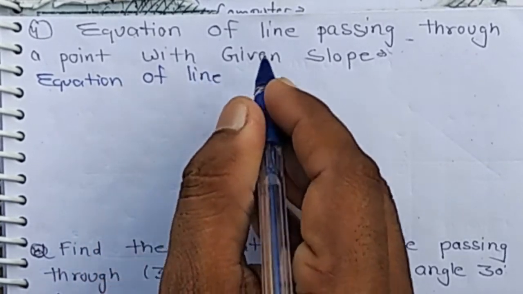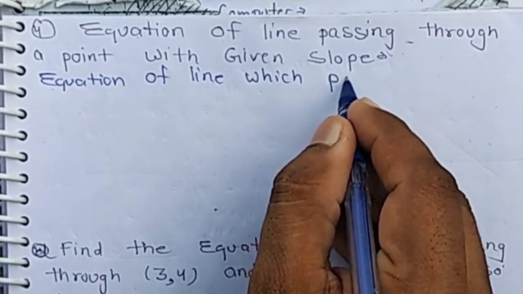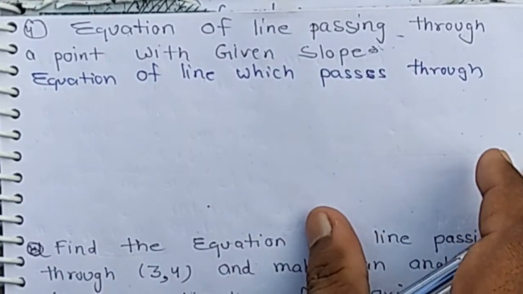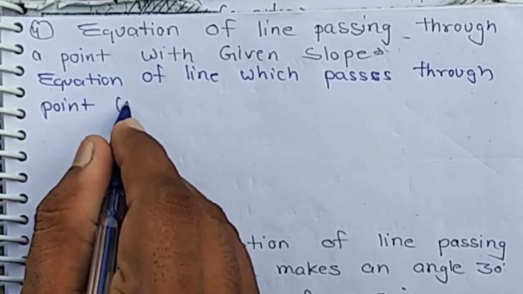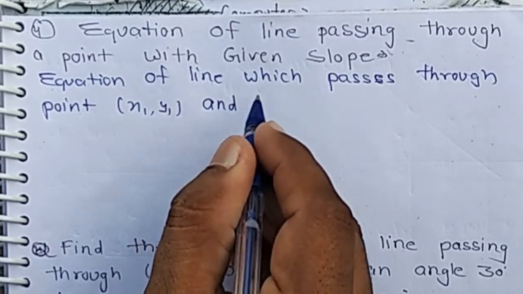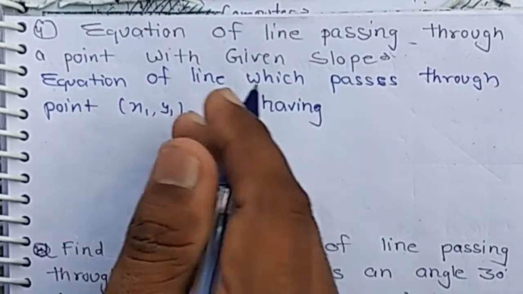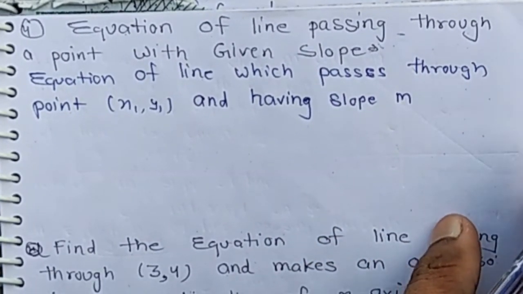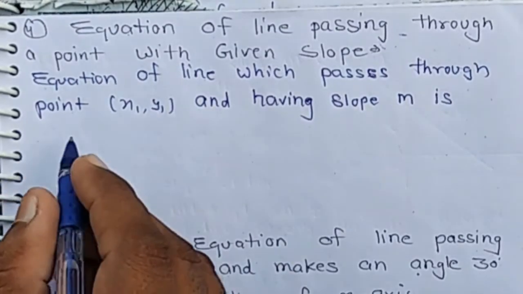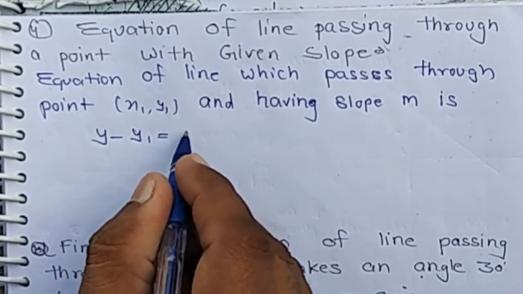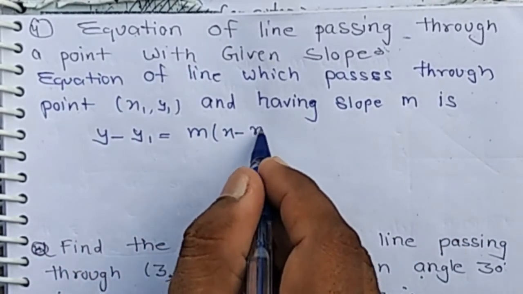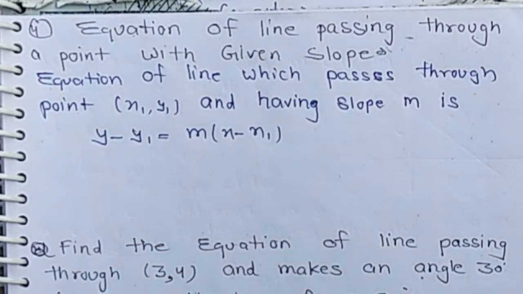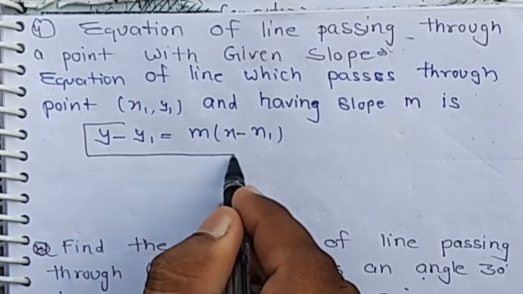The equation of a line which passes through the point x1, y1 and having slope m is y minus y1 equal m times x minus x1. It is the equation of a line passing through a point.